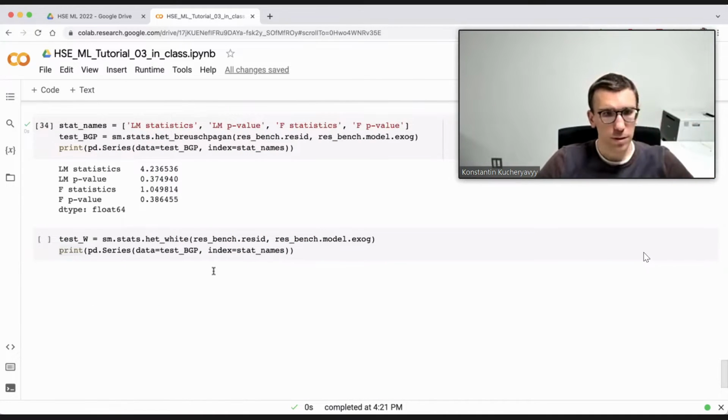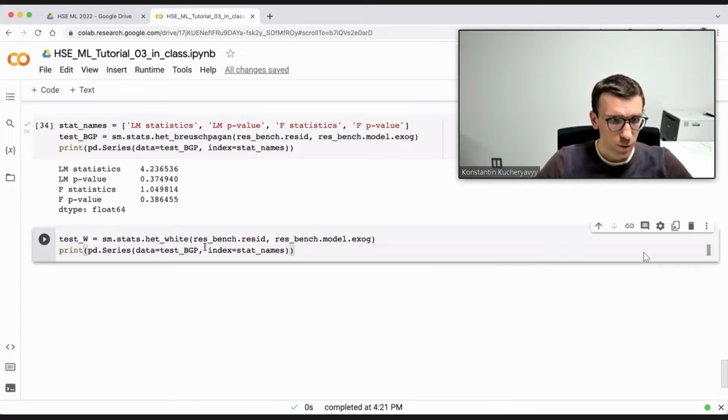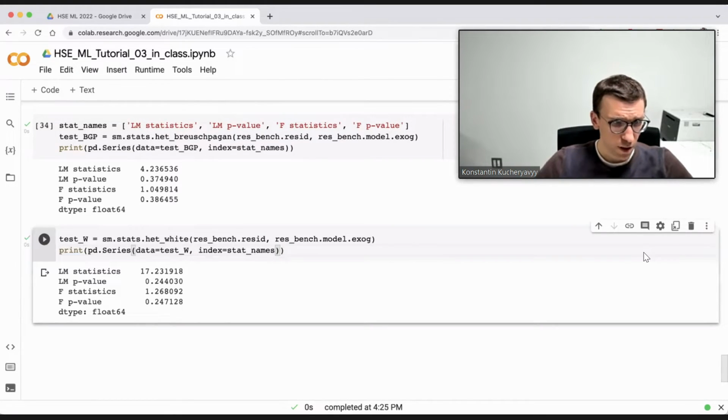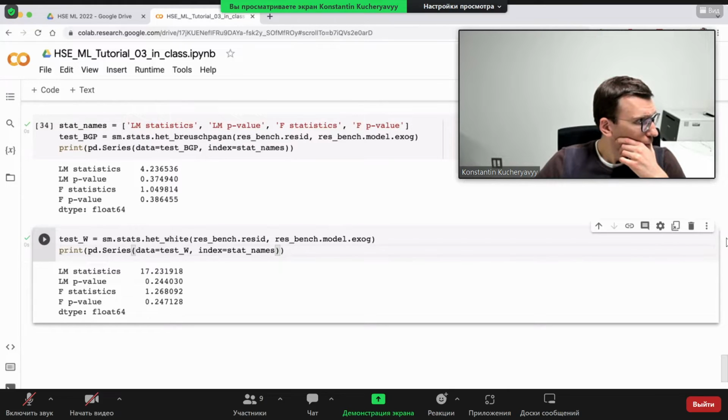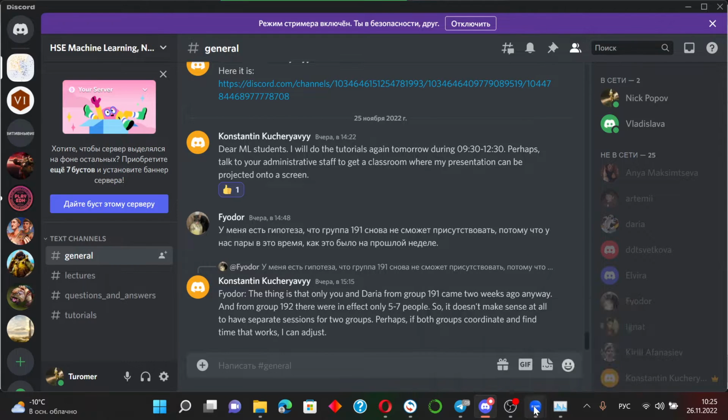But let me go back to this. So I'm doing now the White test. It has the same structure and just a different way of checking heteroskedasticity.